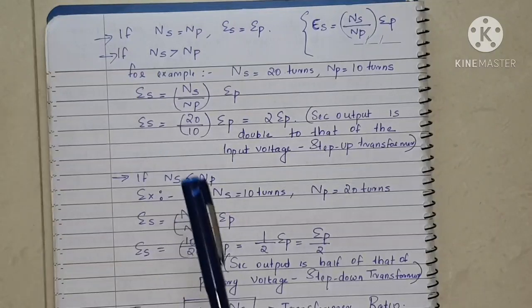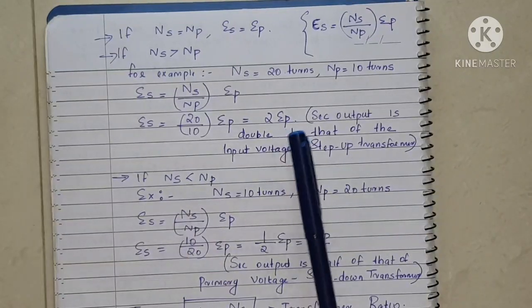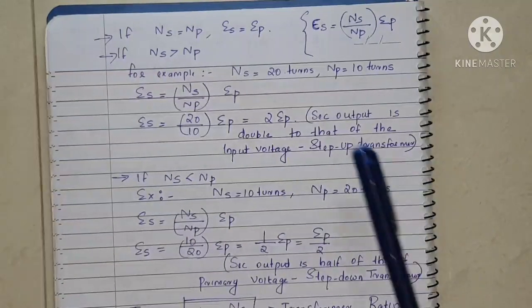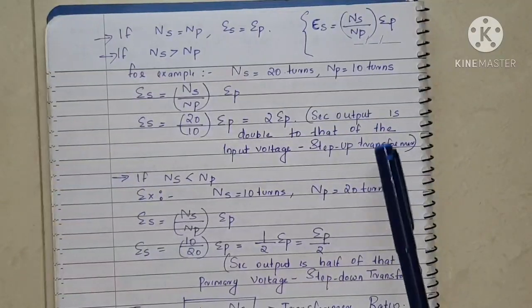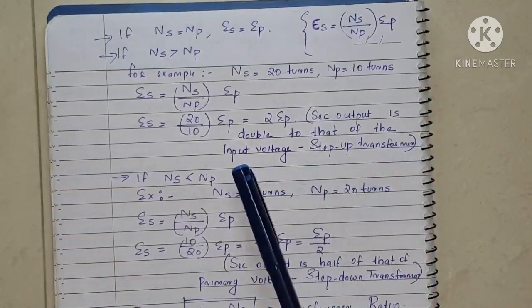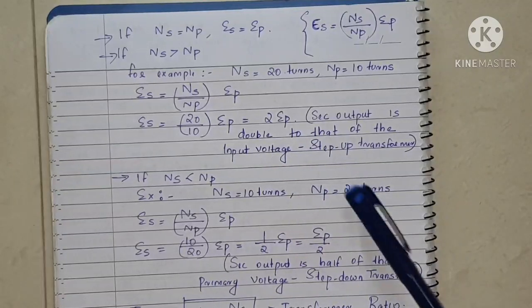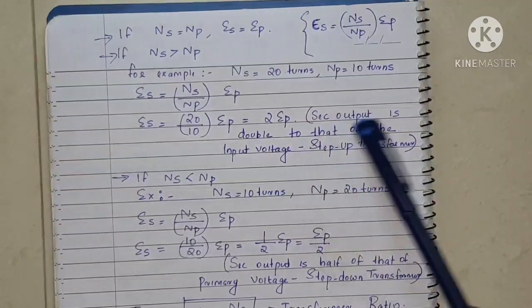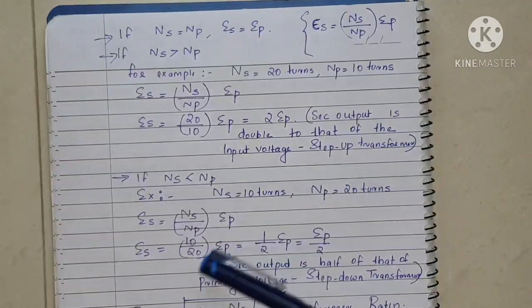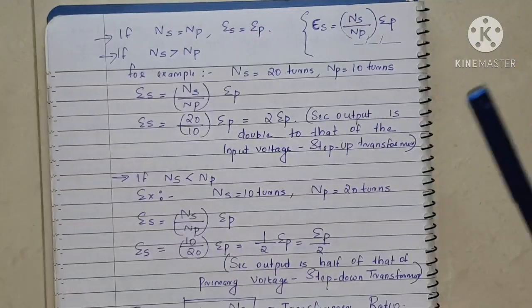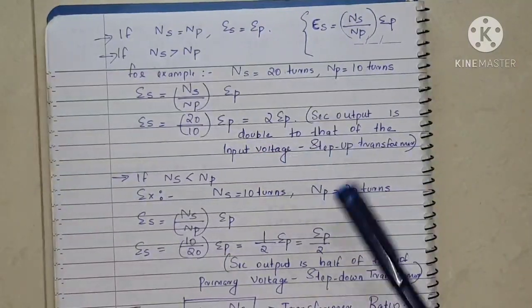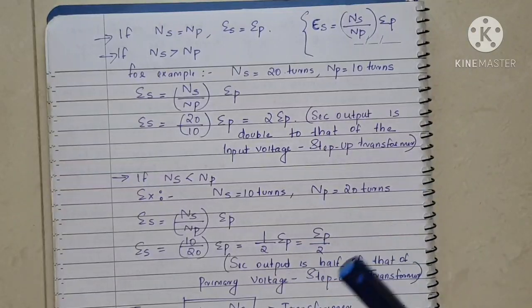That is, VS is double EP, the secondary output voltage is double the input voltage. So, we can say that it is a step-up transformer. If the secondary voltage is greater than the primary voltage, we can say that it is a step-up transformer.